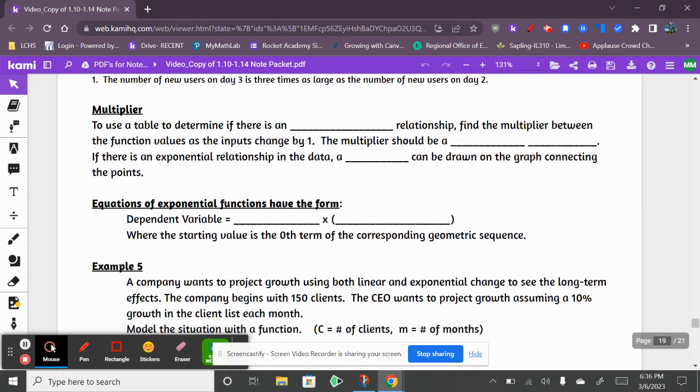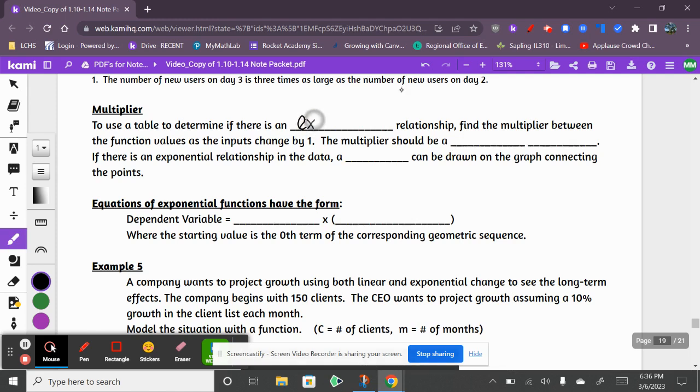So for our multiplier, to use a table to determine if there is an exponential relationship, you will find the multiplier between the function values as the inputs change by 1. The multiplier should be a positive value. And if there is an exponential relationship in the data, a curve, not a line, can be drawn on the graph connecting the points.